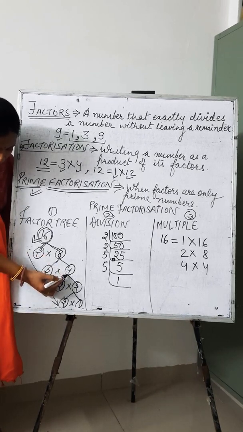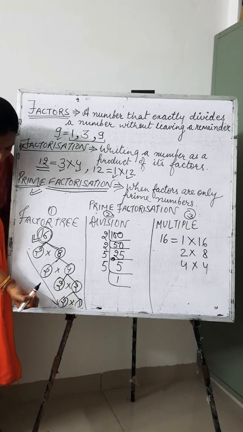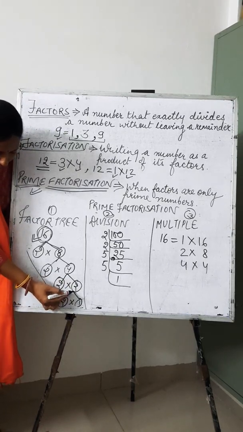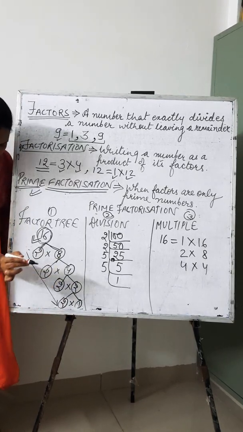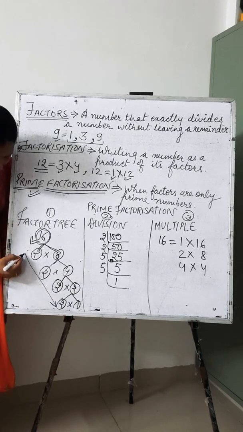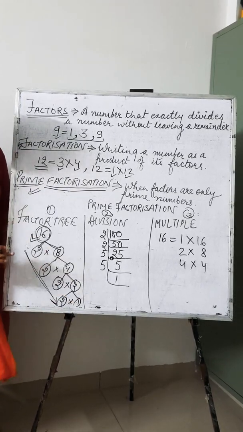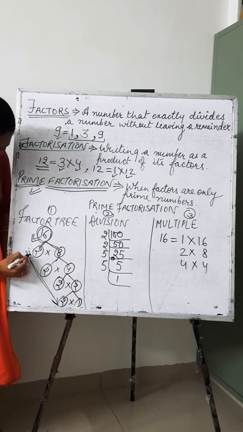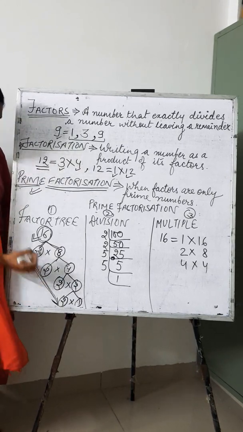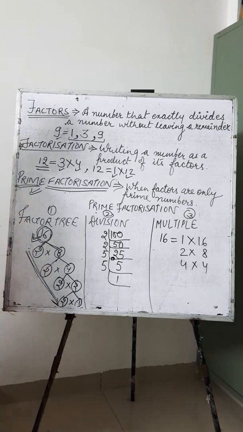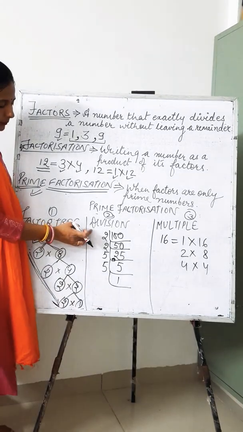Now break this 4: 2 multiplied by 2 is 4. Now break this 2: 2 ones are 2. In this way, I got the whole series of prime numbers. If I multiply these numbers only, then I will get the original number. Fine. Now come to the division method.